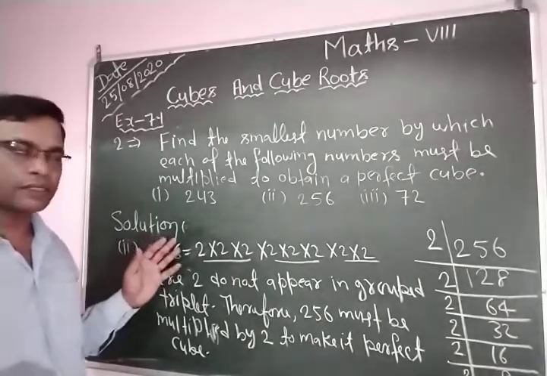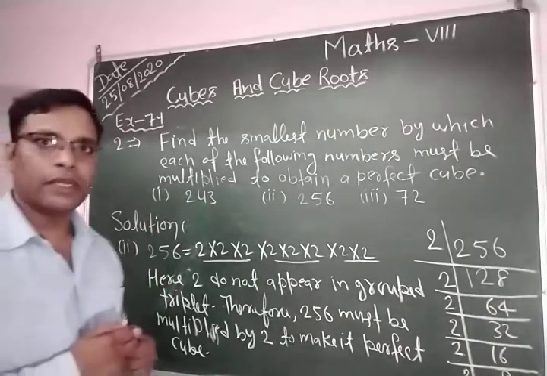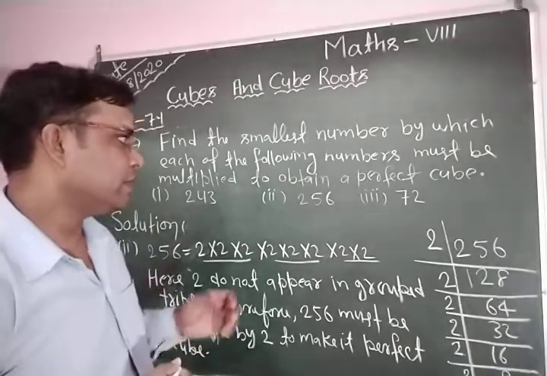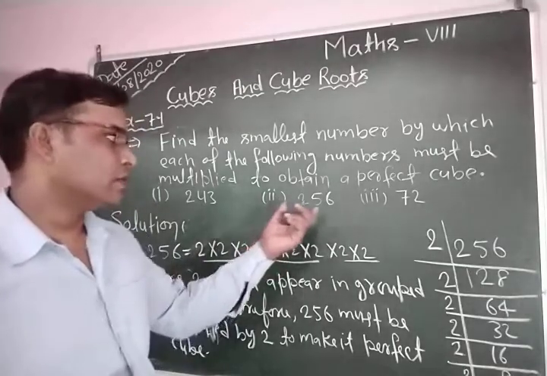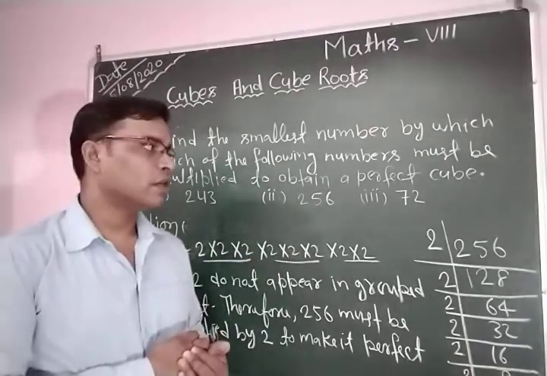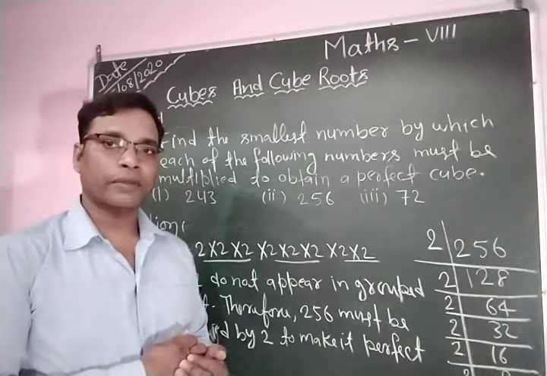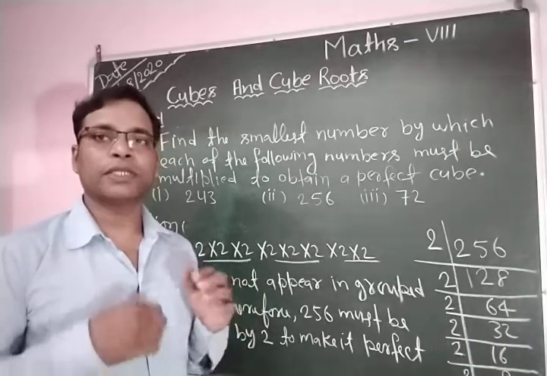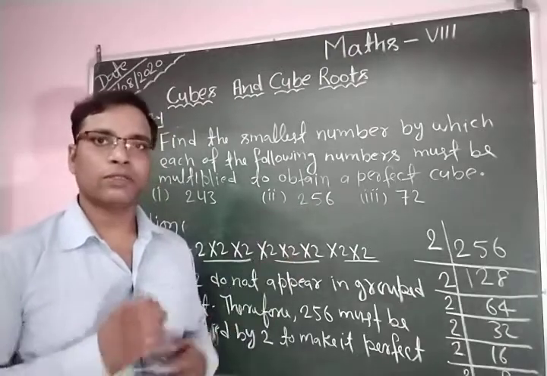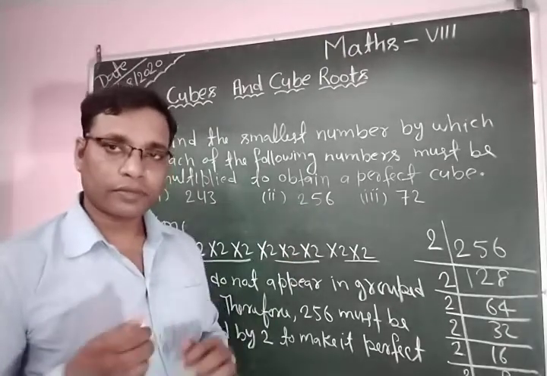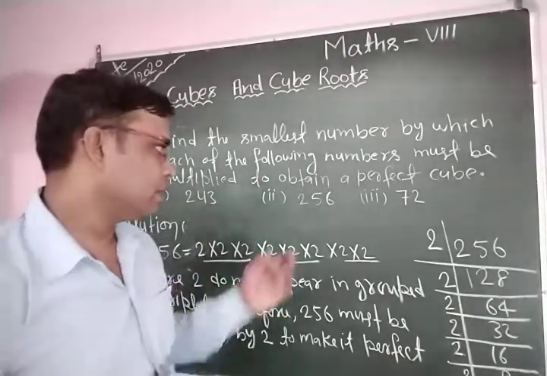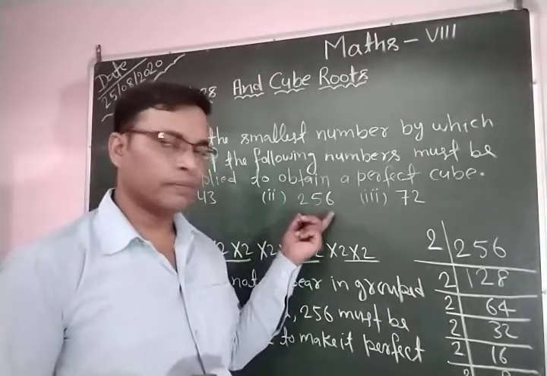So for this number, the question asked us to find the least number by which 256 must be multiplied to make it a perfect cube. For this, first you find the prime factors of the given number.